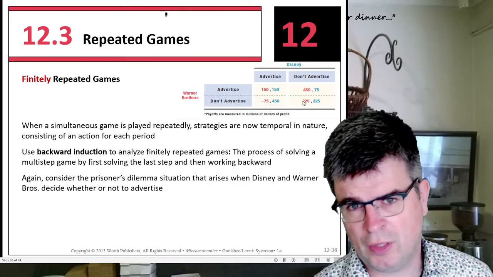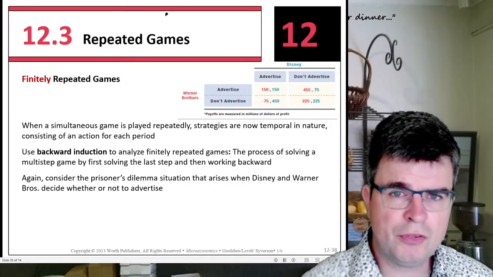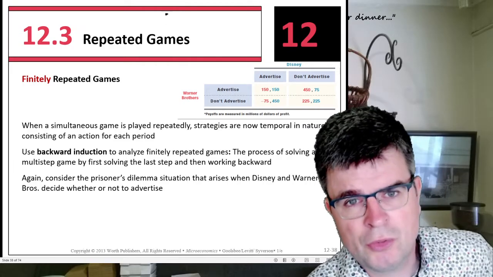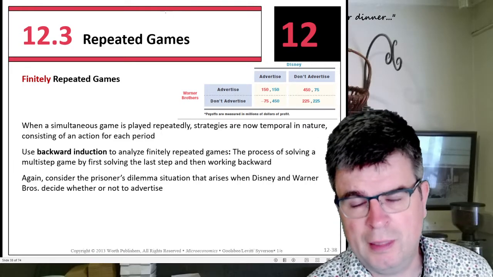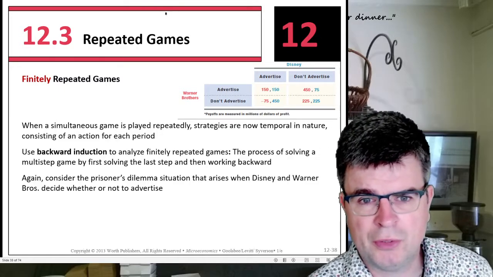And given that period 2 is the final period, the situation in which Disney and Warner Brothers find themselves is just similar to the situation of the one-shot game. Because in period 2, the final period, the game has become a one-shot game.